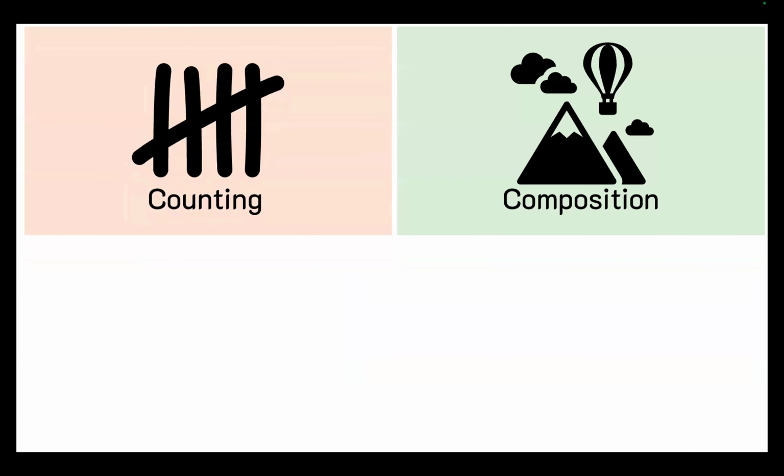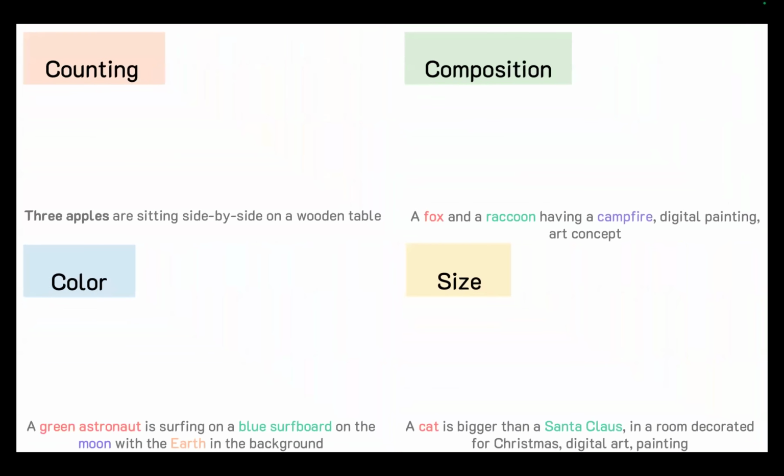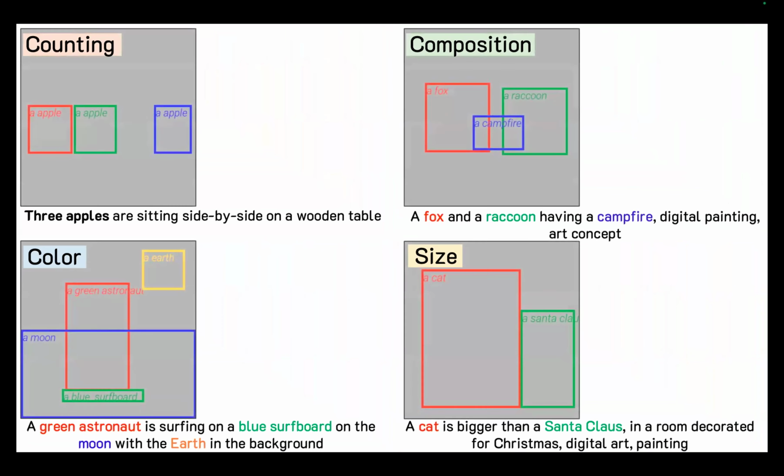But we tried this approach, and we still found the results very unsatisfactory. We tried different aspects: counting, composition, color, and size. What we found is that ChatGPT actually understands the visual layout quite well and can generate good descriptions of all the objects and their spatial relationships.